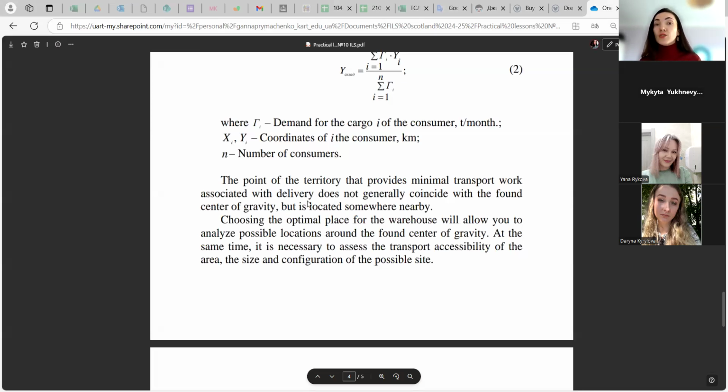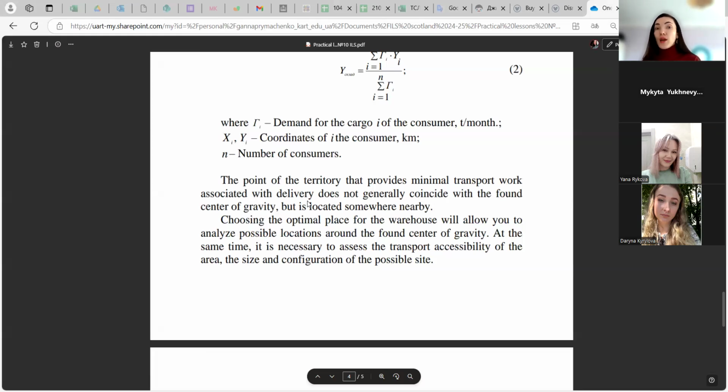It is a real situation, real locations, and when we calculate and find some point, on the same place can be located some objects, some rivers, woods or something else. We can build a warehouse here, or also we can find a place for a warehouse, for example, for rent.